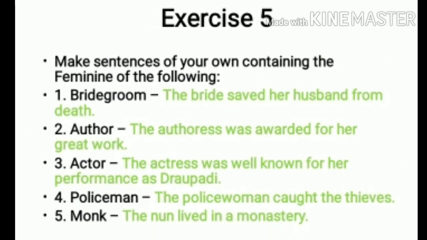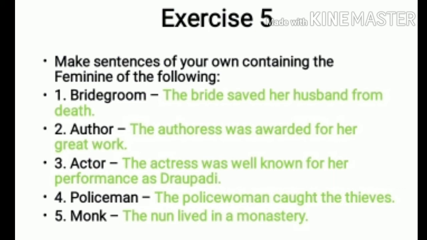Now exercise 5. Again we make sentences with the feminine of the following. So now masculine genders are given and we have to make a sentence with the feminine gender. First one is bridegroom. So your sentence will be: the bride saved her husband from death. Second is author. So your sentence will be: the authoress was awarded for her great work. Third one is actor.